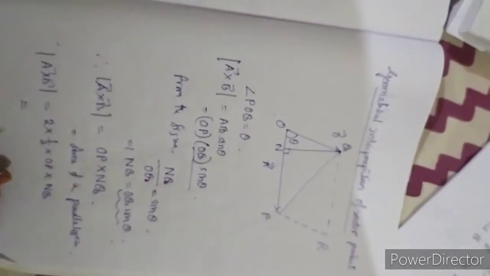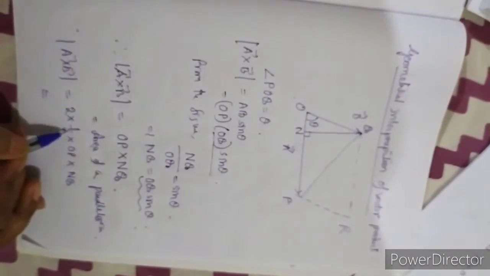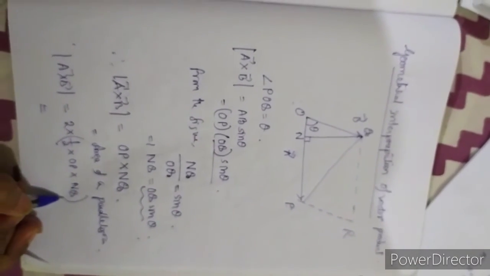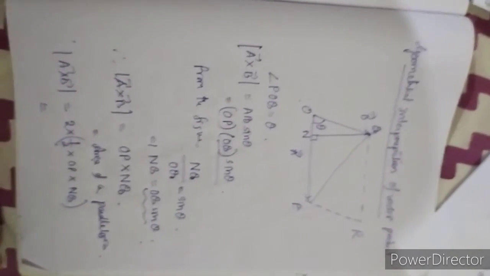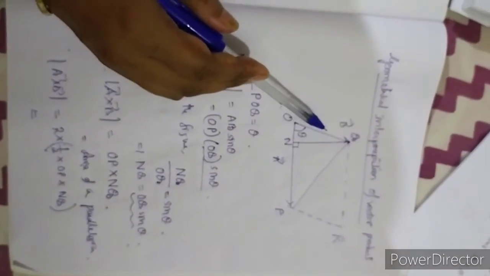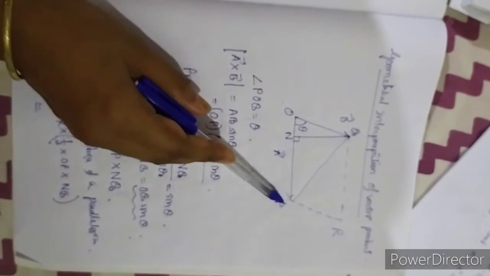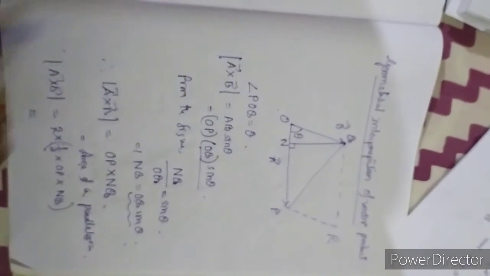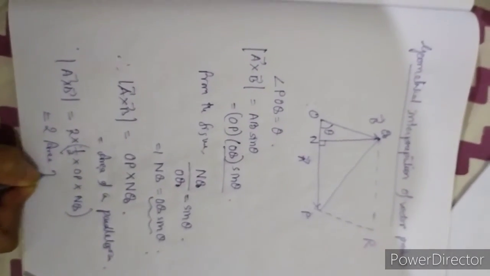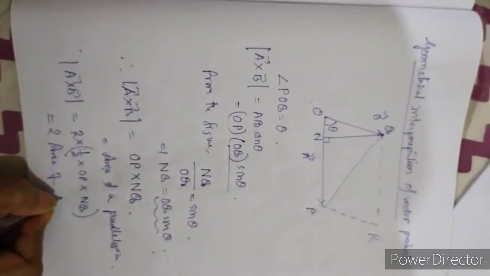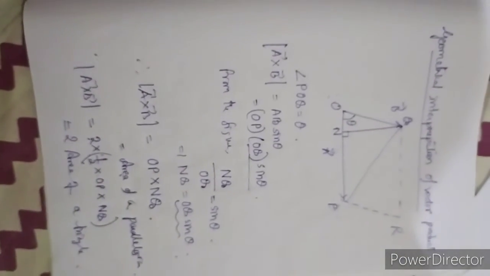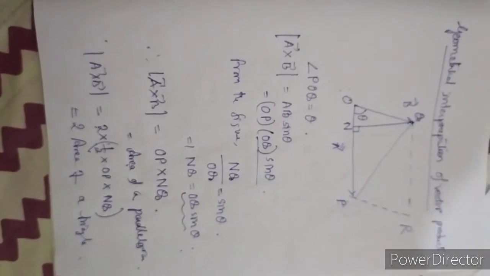Half of OP into NQ is the area of a triangle. So we can write it as 2 into the area of a triangle. This is the geometrical interpretation of the vector product.